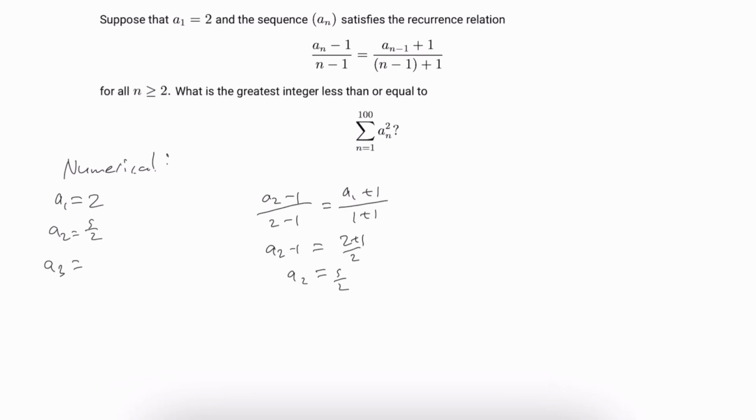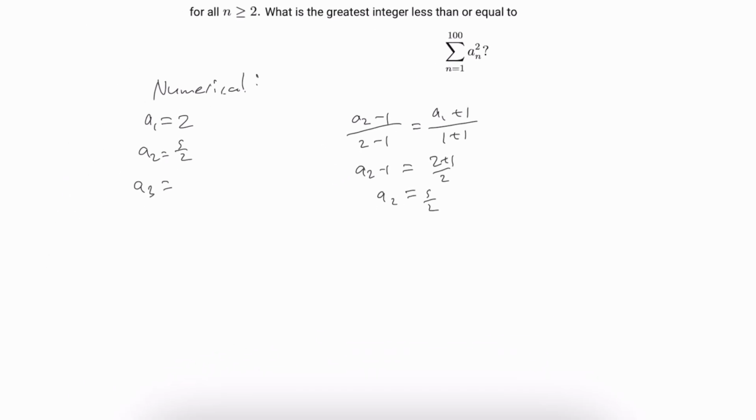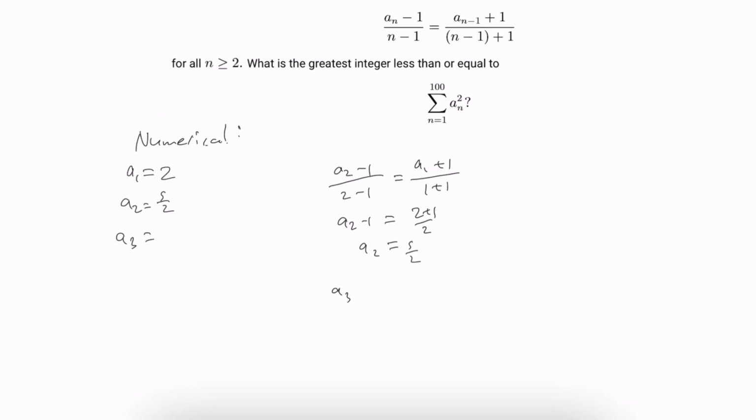What about a_3? We have a_3 minus 1 over 3 minus 1 is equal to a_2 plus 1 over 2 plus 1. So a_3 minus 1 is equal to 5 over 2 plus 1 over 3 times 2.